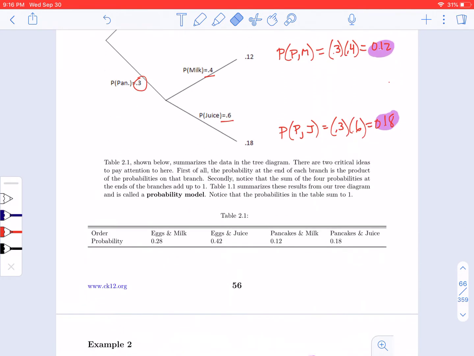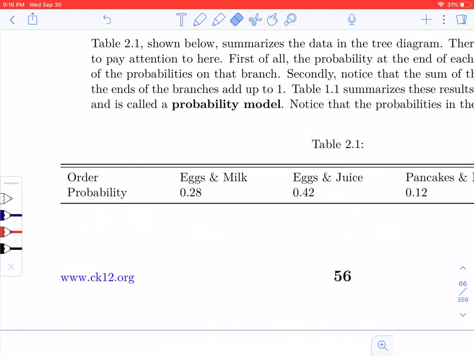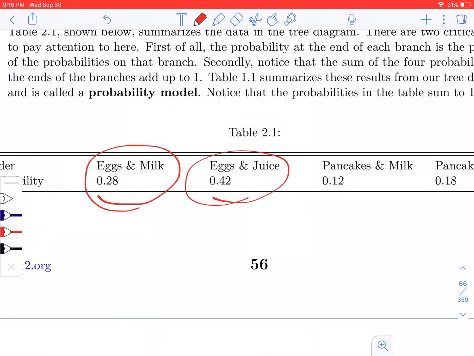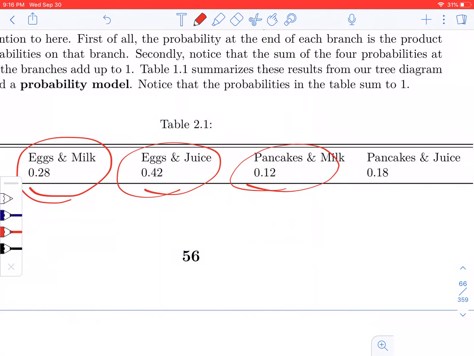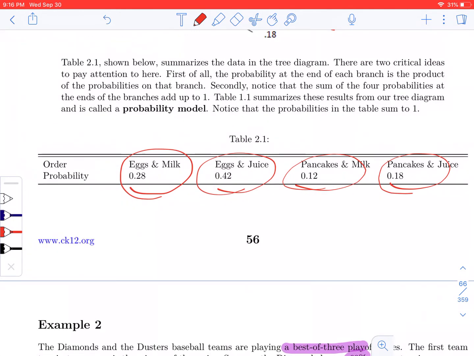Now, just to summarize, looking at each one, what is the probability? Here's my model now, of eggs and milk, 28%. Eggs and juice, 42%. Pancakes and milk, 12. Pancakes and juice, 18. Now this is important to know because as you have a restaurant, you have to order the product ahead of time.